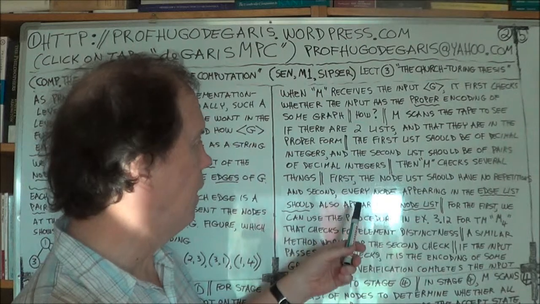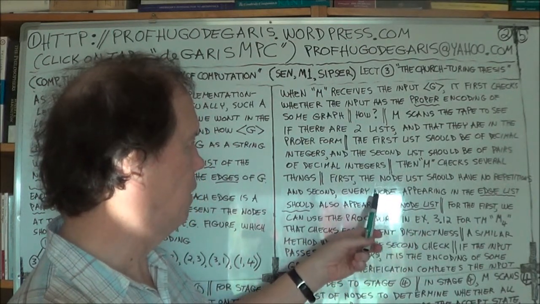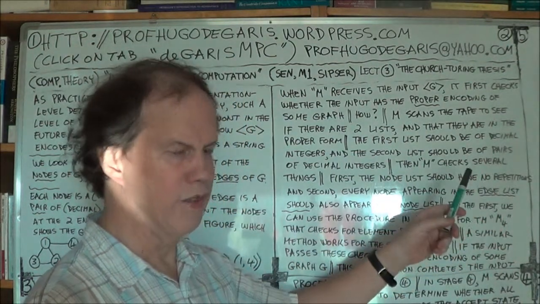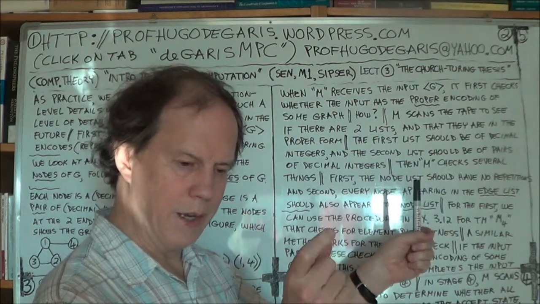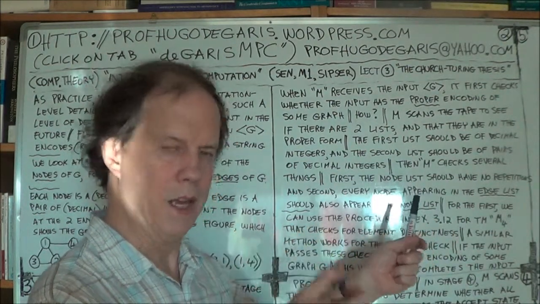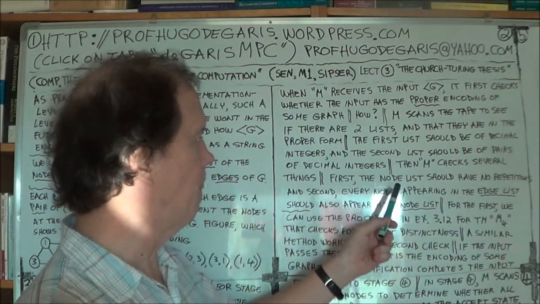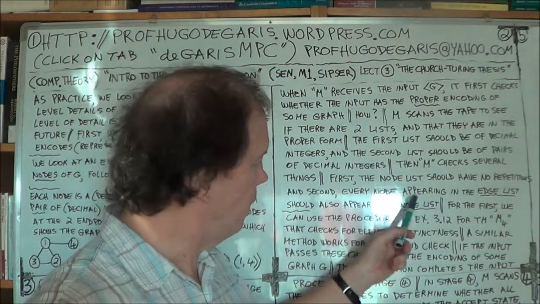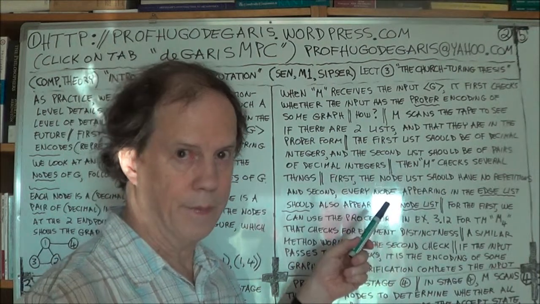Another thing you check for is that in the edge list, have a look at every node number in each pair in the edge list, and see that that node number also appears in the node list, right?